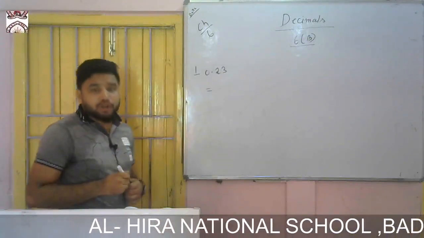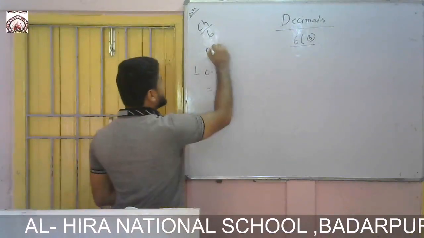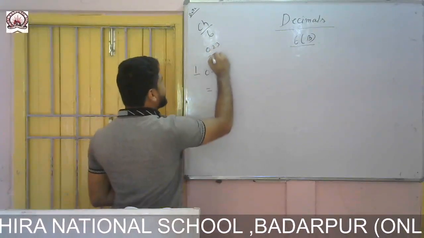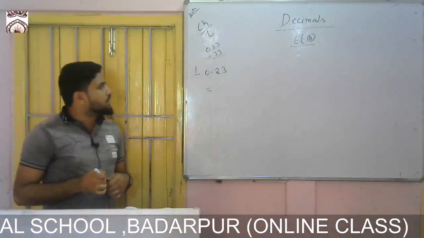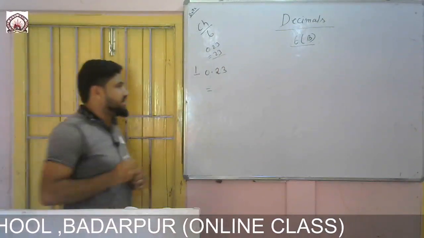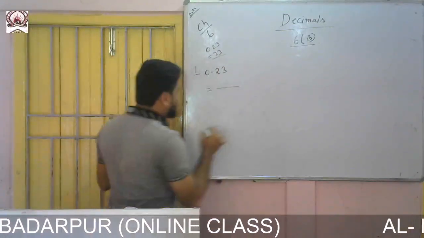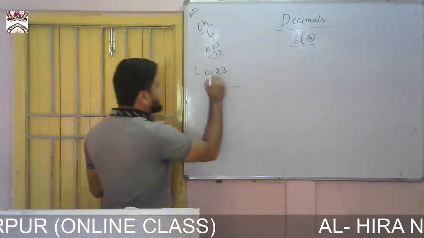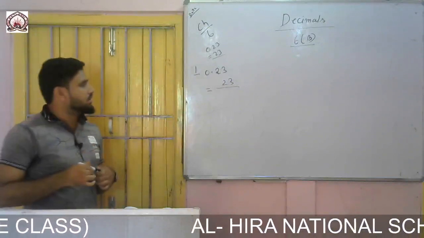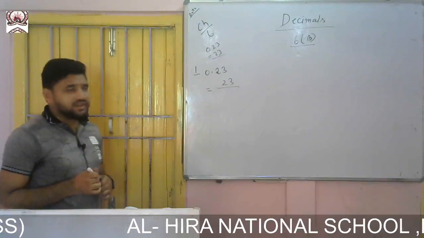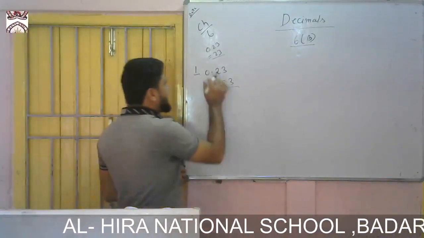Then it will be 023, and 023 I can write as only 23, because this 0 is meaningless. So the numerator is 23.